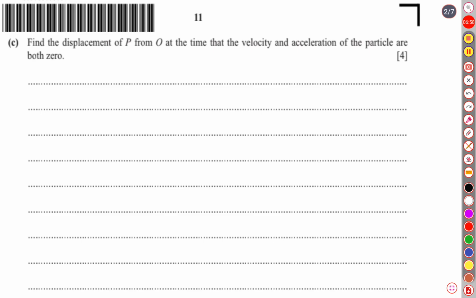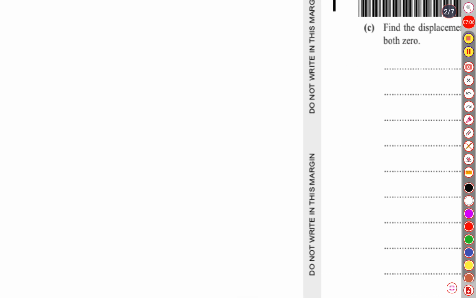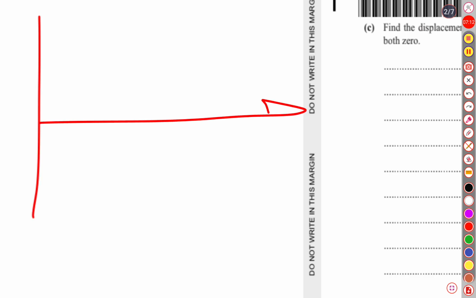Before that, we can draw a graph to understand the scenario. So let me draw the graph over here. This is velocity against time, and our v meters per second is the vertical line.